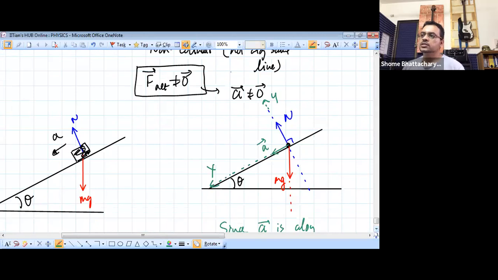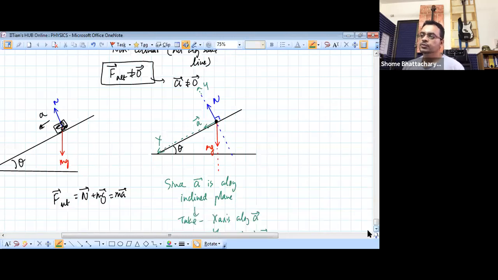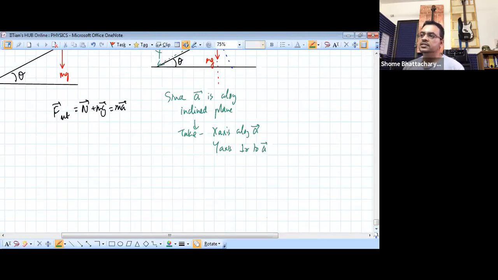So once we do this, we select our axis like this. Now why we have taken the x-axis like this and not horizontal is for convenience, because the acceleration is along the inclined plane. So this is the convenient choice of axis.